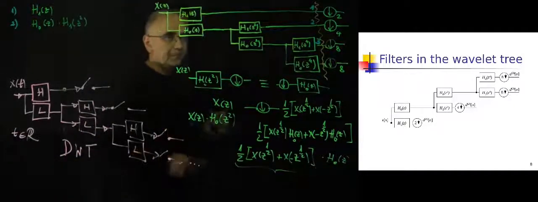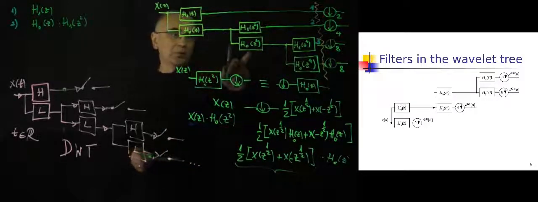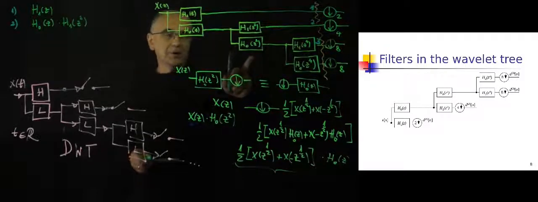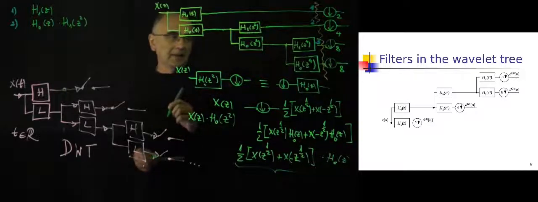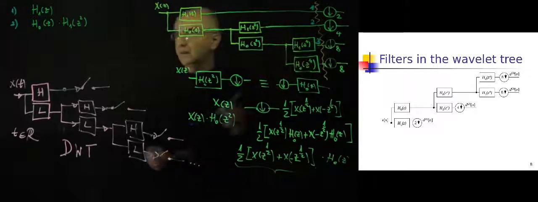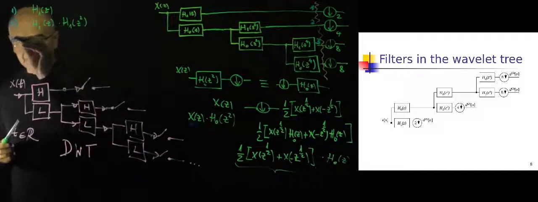Then, in the low pass branch, we have a cascade of 2 low pass filters. One is unchanged, the other one is changed. It is z squared in its argument. Let's go on. So let's write down the equations for the third branch.